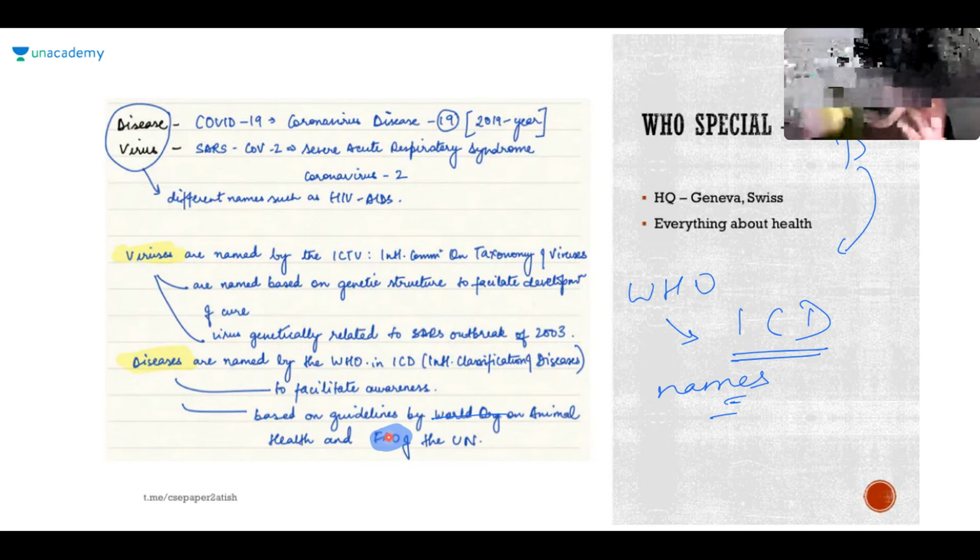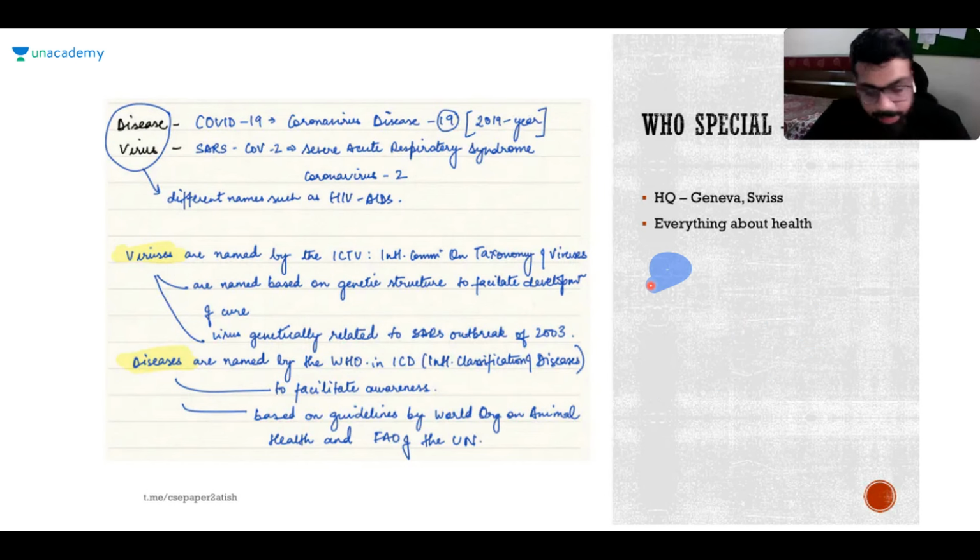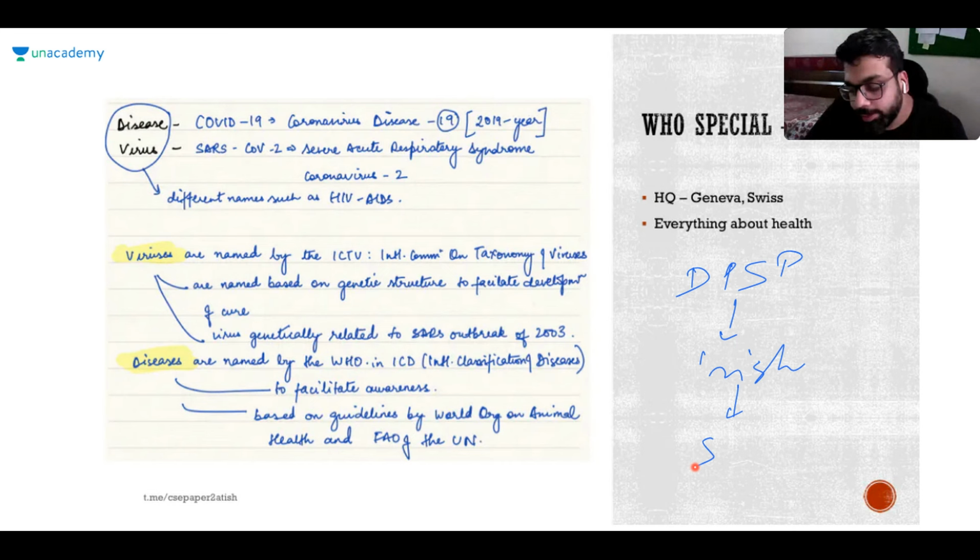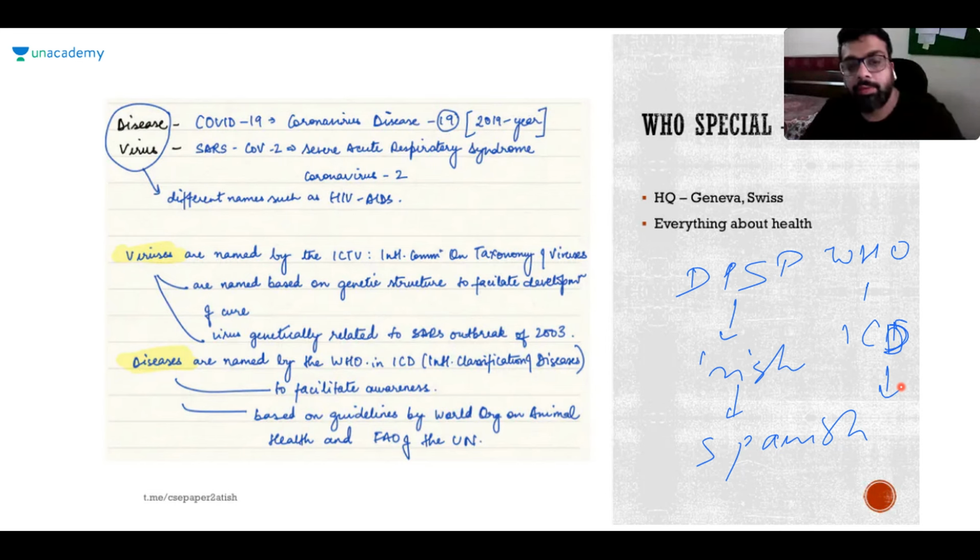Same way we say DPSPs, Directive Principles of State Policy, are taken from the Irish Constitution, and the Irish copied it from the Spanish Constitution. So in the same way, the WHO takes it from the International Classification of Diseases, and the International Classification of Diseases takes reference from the World Organization on Animal Health and the Food and Agricultural Organization of the UN.